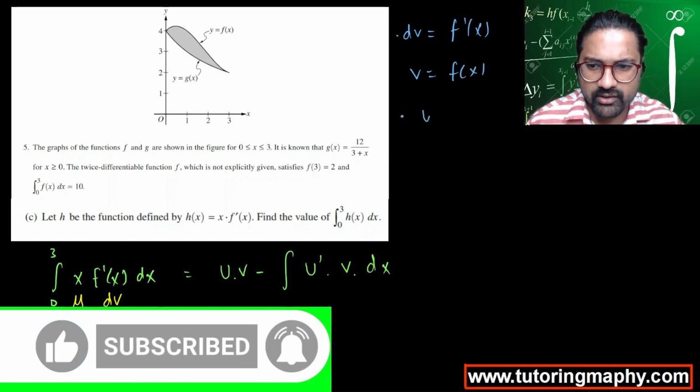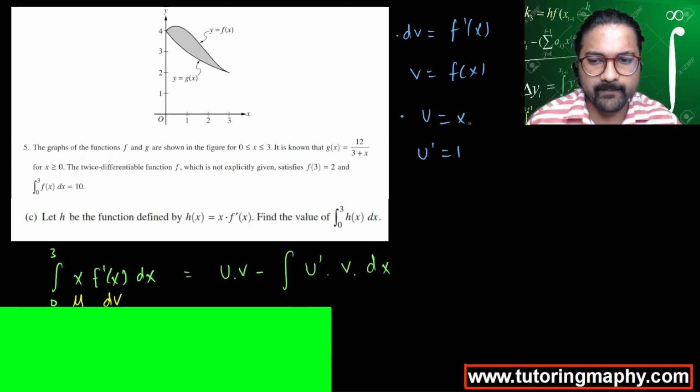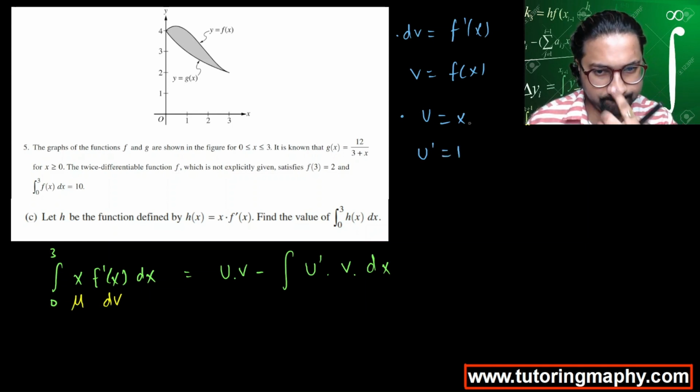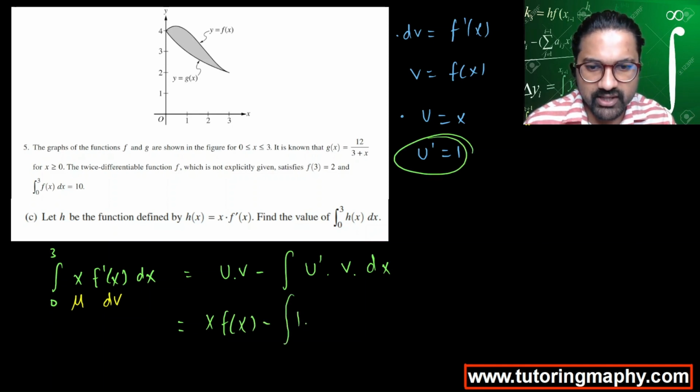And u is x, so u prime is just 1, right? Okay, so u is x, and v is f(x). So x times f(x) minus, what is u prime? That's 1. And v, what is v? V is f(x), okay.